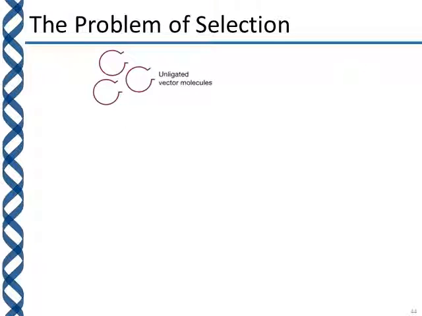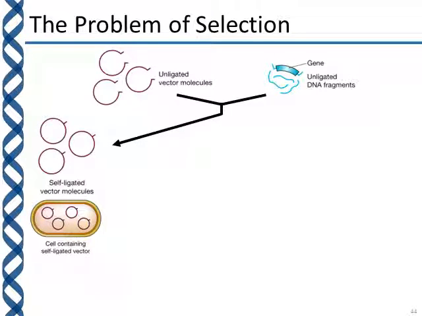So the problem is selection. So for example, if we now take our unligated vector molecules and we take all of the fragments that we just generated from our total genome and combine them, some of the vectors, because they have complementary sticky ends, will self-ligate. And so you'll end up with some bacteria containing self-ligated vectors.